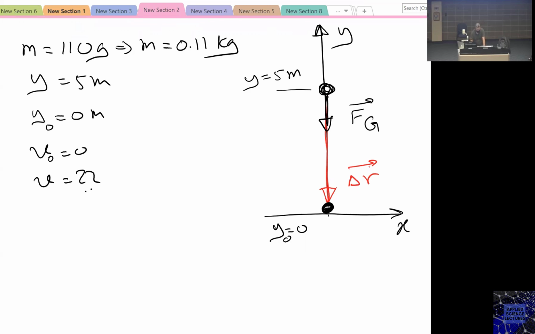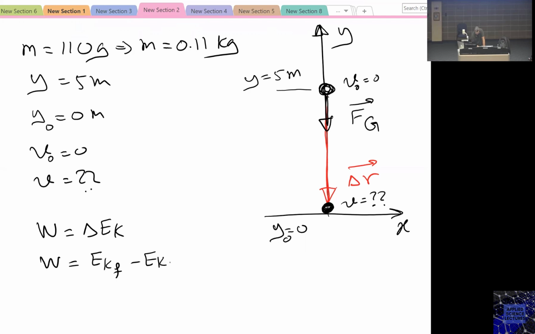So if I want to calculate the work, based on the work energy theorem, W equals delta EK. I'm starting from rest here, which means V naught is 0. I don't know V. I need V. So work equals EK final minus EK initial.